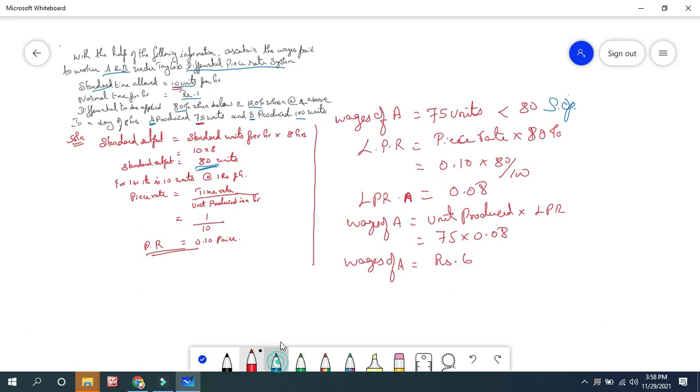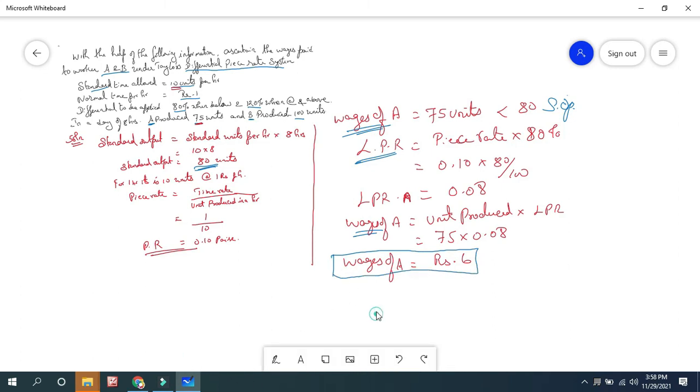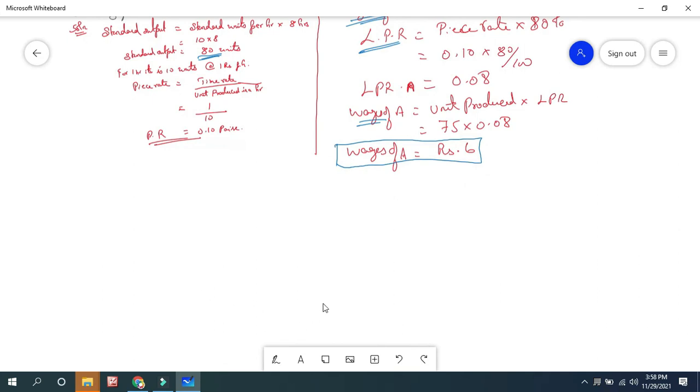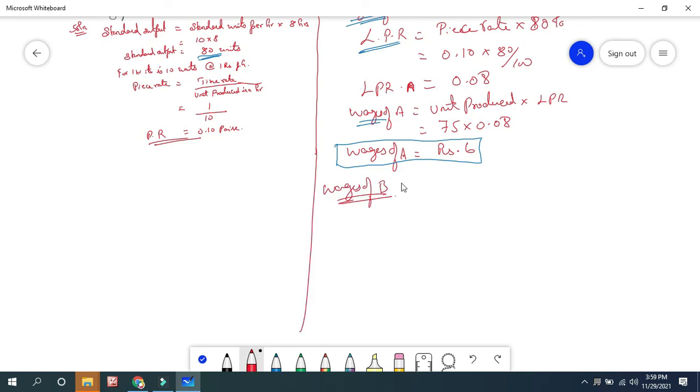So we found the wages of A. We have calculated LPR and the wages of A. Now we are supposed to calculate the wages of B. Before that, we need to know whether it is the low piece rate or the high piece rate.